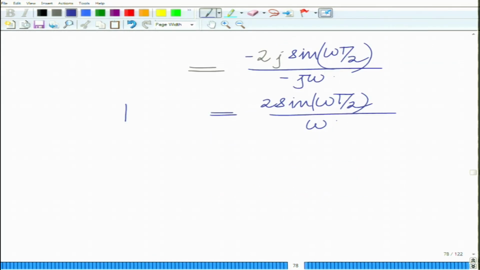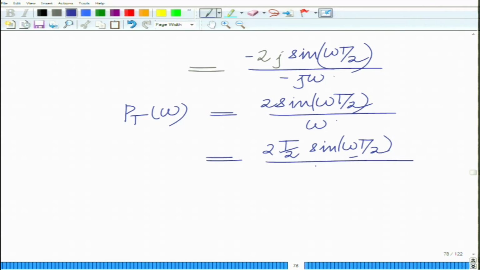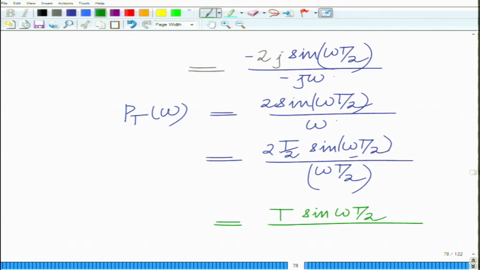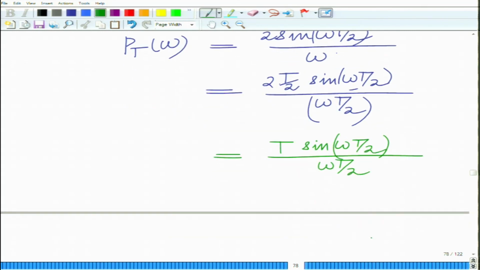This is your P T of omega, that is the Fourier transform of this pulse, and you can multiply and divide by T over 2. So, this is twice T over 2 sin omega T by 2 divided by omega T over 2, which is equal to T sin omega T over 2 divided by omega T over 2.